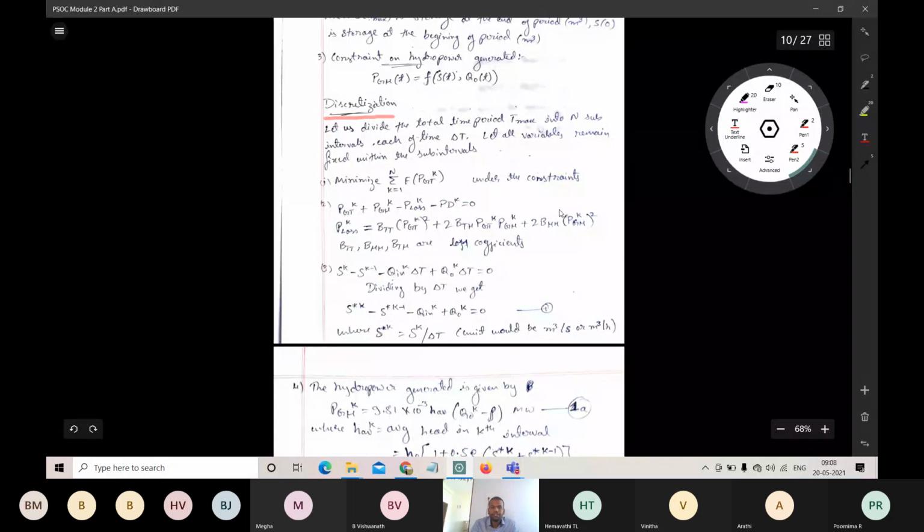So we need to consider these loss coefficients BTT, BHH, BTH. BTT is the loss occurred at the thermal station, BHH is the loss occurred at the hydel station, and BTH is the loss occurred at thermal and hydel, the combination. So that is the thing.